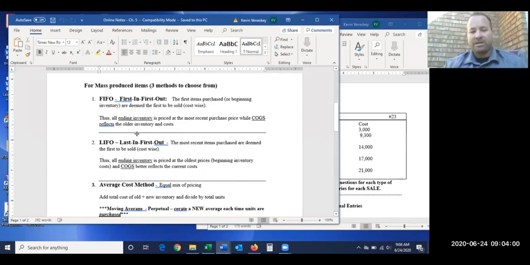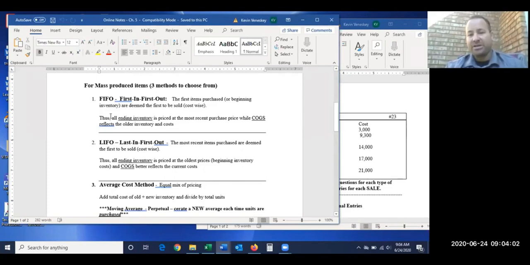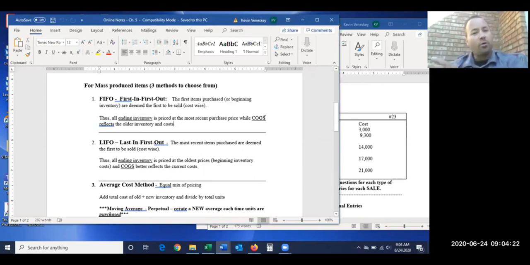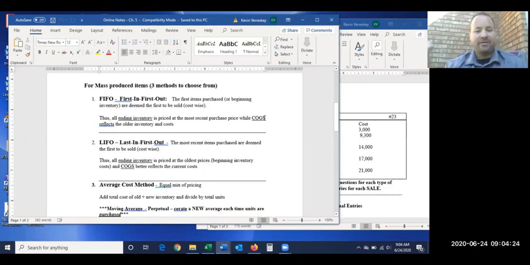Basically, that means the last items purchased are the ones that are going to be in your ending inventory, because they're not going to be the ones that are sold. So all your ending inventory is at the most recent price, while your cost of goods sold was all of your earlier stuff at the earlier cost, which may have been slightly different.